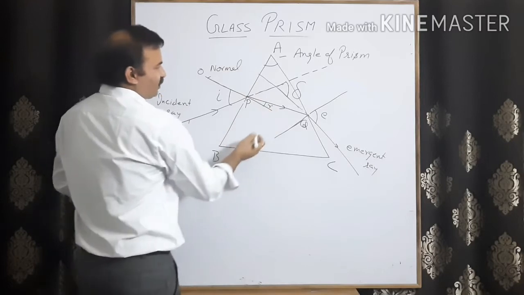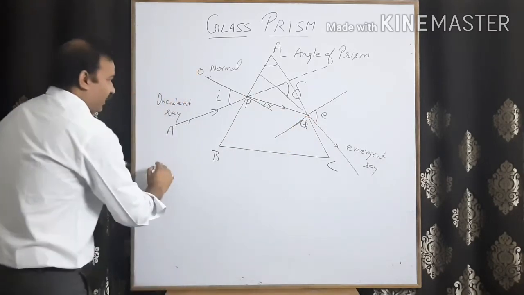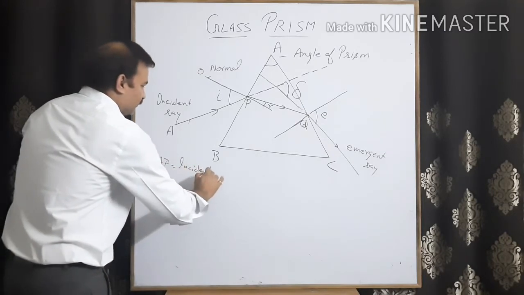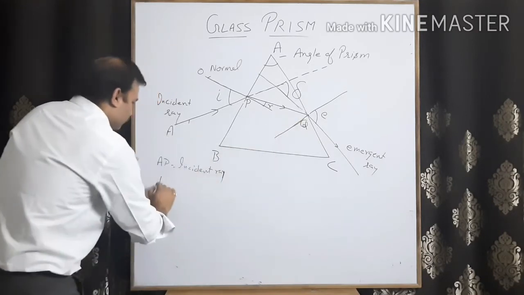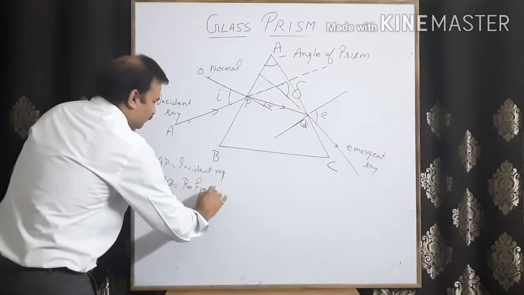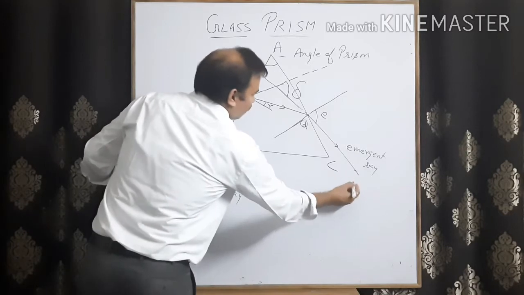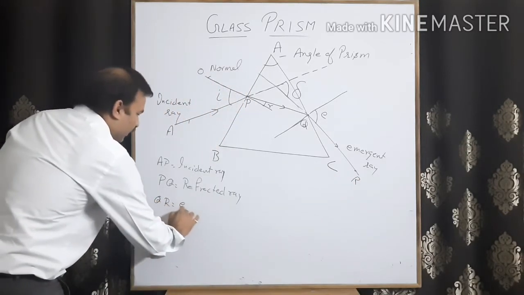This is the angle of refraction, and if I name it, PQ, I write here AP incident ray, this is PQ refracted ray. Let me give this a point R, so QR is the emergent ray.